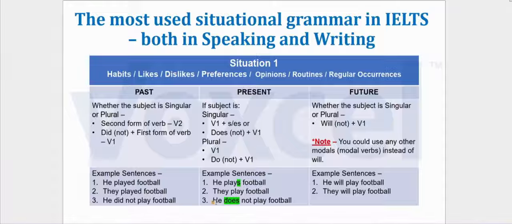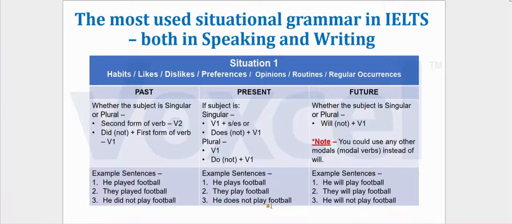You should not write he does not plays football. No, it will be incorrect. It's sort of a trick, a tip you can cram: do plus s becomes does. So this s goes with do and do becomes does. So he does not play football, not he does not plays football. That will be incorrect. Remember that.